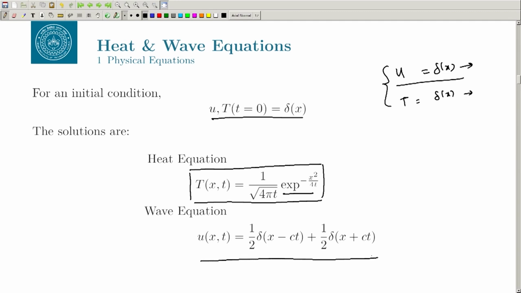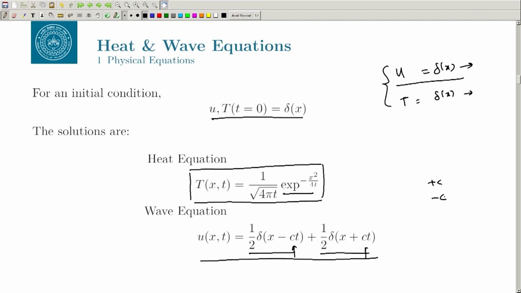On the other hand, if you solve the wave equation for the same delta function disturbance, the initial disturbance at t equal to 0, your solution will look something like this: half delta of x minus c t and half delta of x plus c t. This means that there is a c, which is the speed of sound, with both plus c and minus c, some on the front and some on the back.